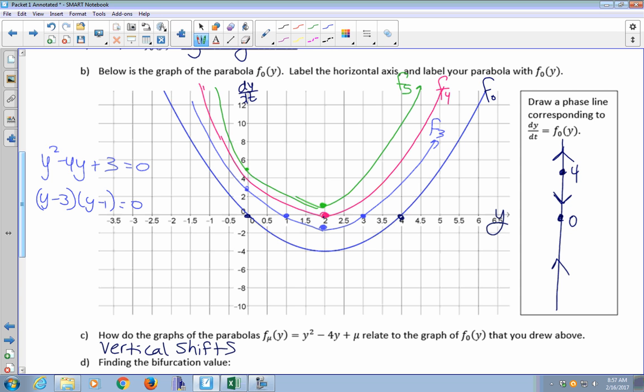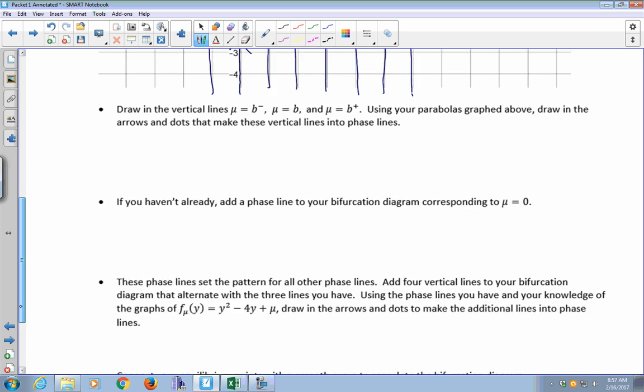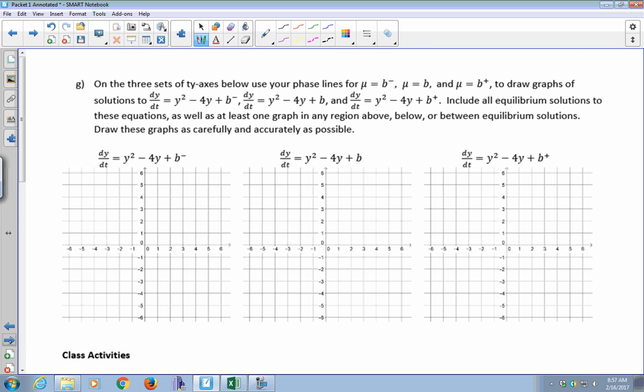Then I used those graphs of the derivative to draw phase lines to create a bifurcation diagram. These are phase lines that all represent different solutions for different mu's. And then you can use those phase lines to draw solutions of the graphs t, y, the actual y of t functions that solve the differential equations.